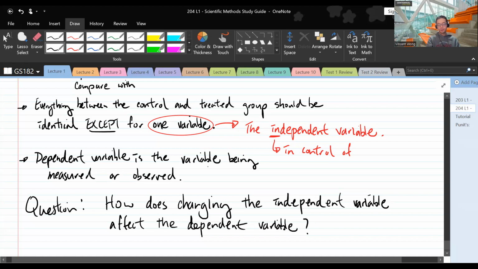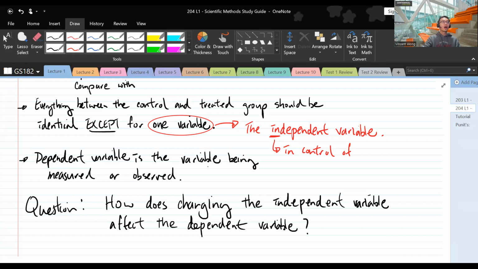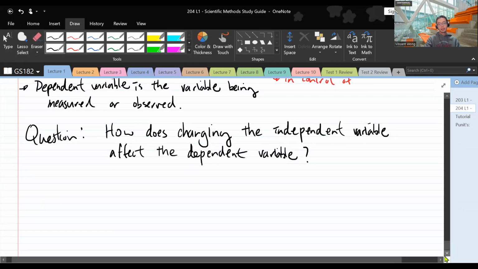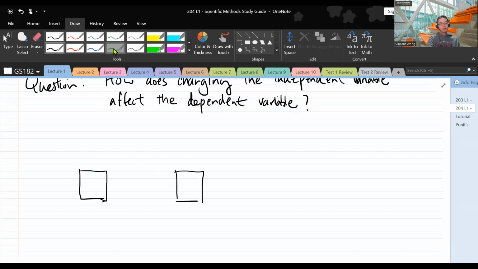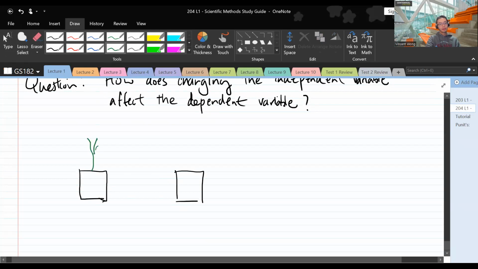Yeah, all right. Let's do a concrete example. Sure. So let's say we have two plants. That's one plant here, and then that's another plant. I want to know what happens if one plant gets more light than the other.